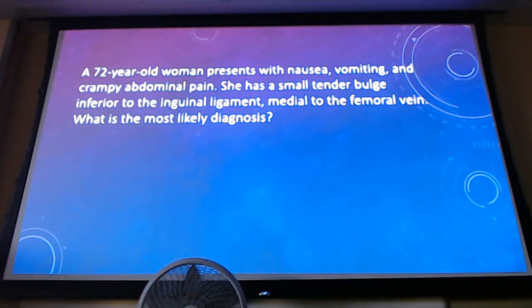Is this strangulated, incarcerated, or reducible? What do you think? If she's already having nausea, vomiting, and crampy abdominal pain, it's at least incarcerated. What makes it strangulated? Fever, leukocytosis, erythema over the bulge.